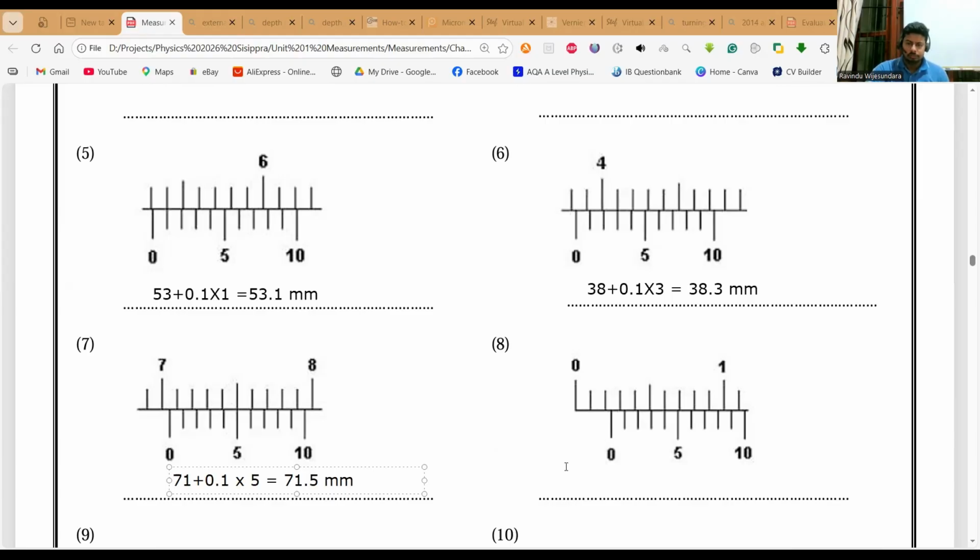Eighth one, final one. It will be 2.4. 2.4 millimeters. Right. Good.